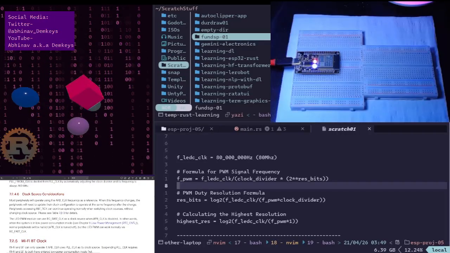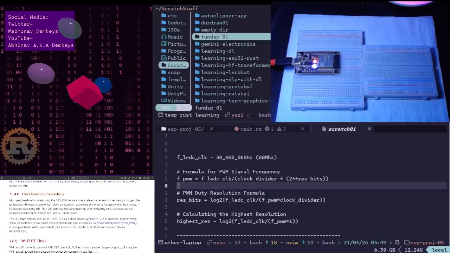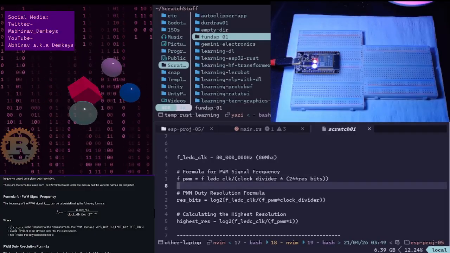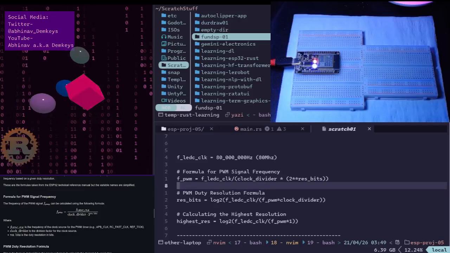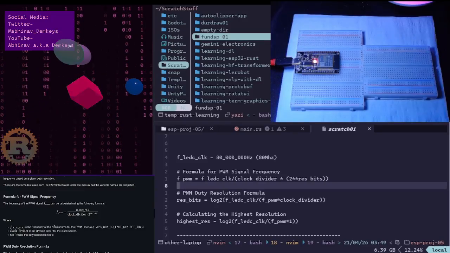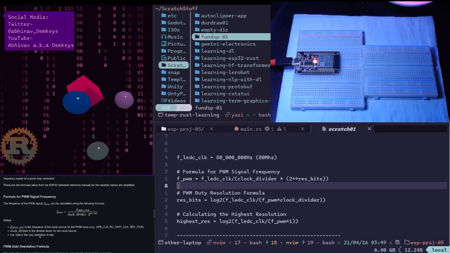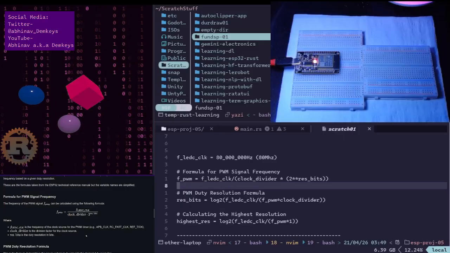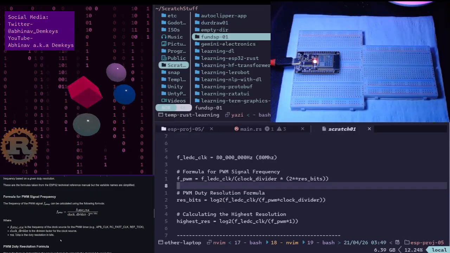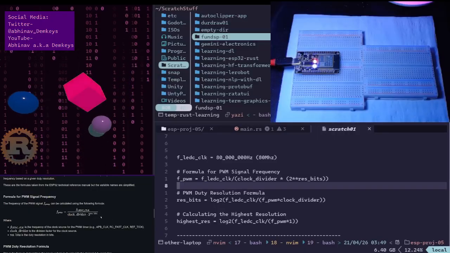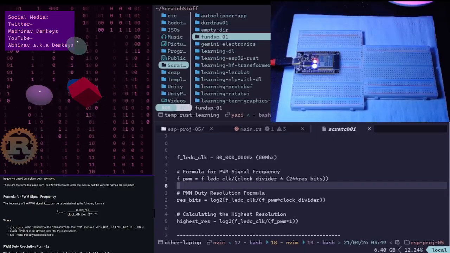Okay, all right. Let's continue with this. So it could be coming in from any of these places. Clock divider is the division factor for the clock source, and then res bits is the duty resolution in bits. I do not remember.